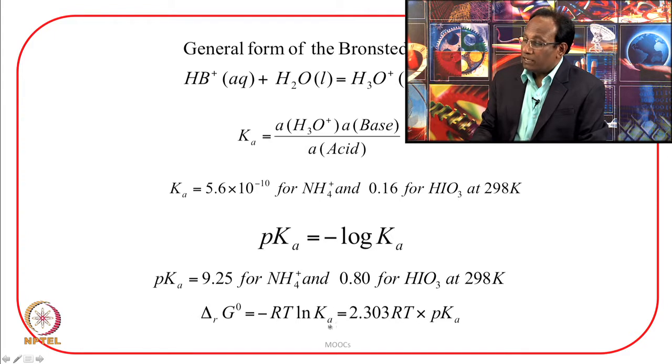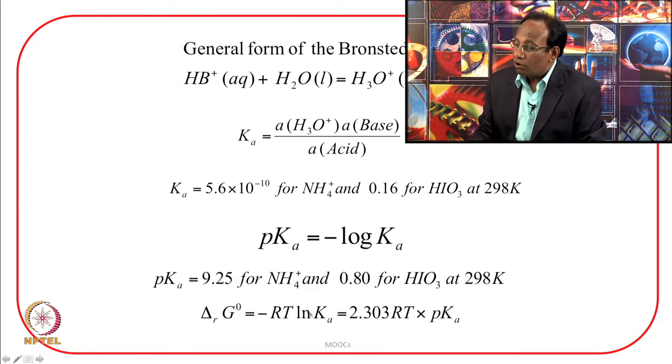Delta G naught is minus RT ln K, and if you convert this natural log into log base 10 and put minus log Ka as pKa, we end up with the relation delta G naught equals 2.303 RT pKa. So, from pKa we can also talk about the standard reaction Gibbs energy.